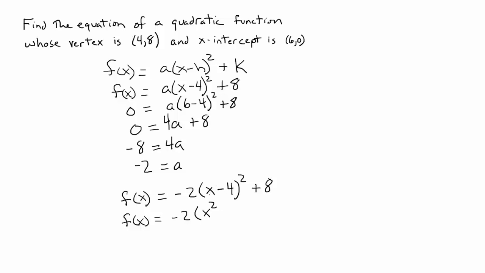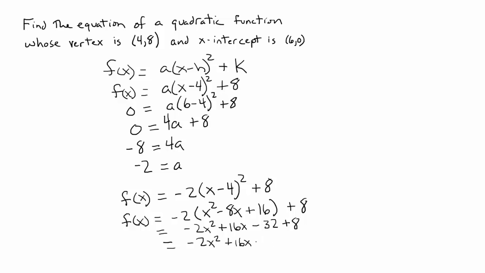And then we would have negative 4 times x and negative 4 times x, or negative 8x plus 16 plus 8. And now we multiply negative 2 through the parentheses. So we have f of x is equal to negative 2x squared plus 16x minus 32 plus 8. And now we add negative 32 and 8 together, and we would have negative 2x squared plus 16x minus 24.